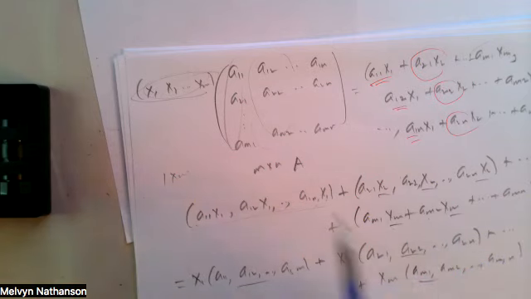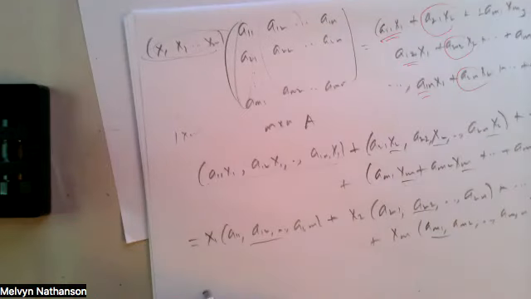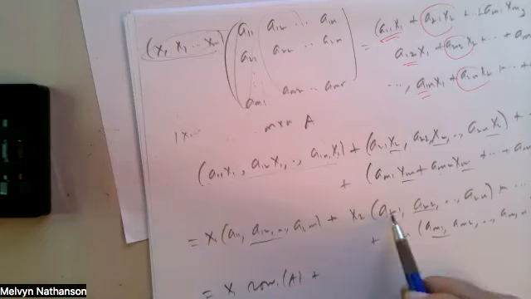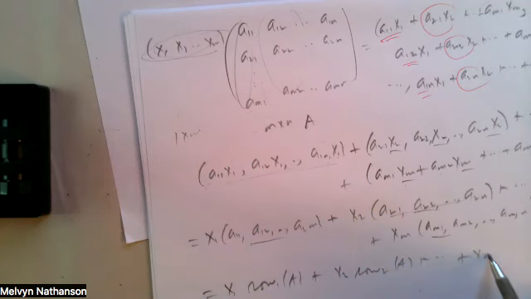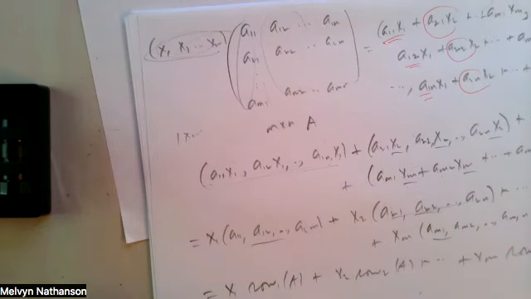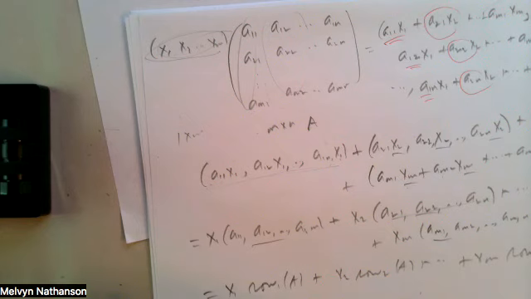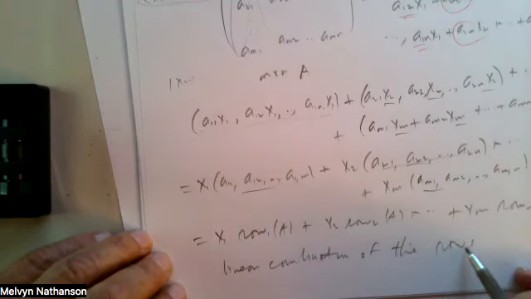But each of these is a row of the original matrix. This is x1 times row 1 of A, x2 times row 2 of A, up to xm times row m of A. So what is this? This is a linear combination of the rows of the matrix A.